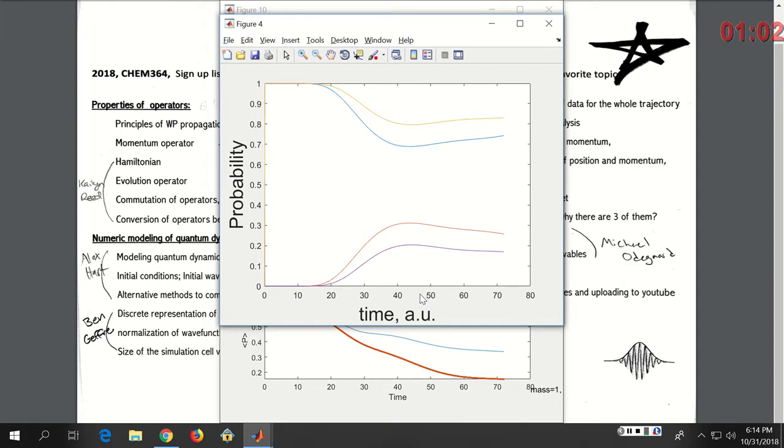Then when it passes through the barrier, there is a probability to form products, so we have the amount of probability of reactants and probability of products. If it were a complete 100% yield of reaction, they would intersect and products would go to 100%. And here it is like, whatever, a 30% yield reaction.